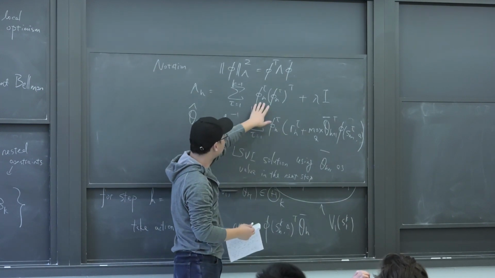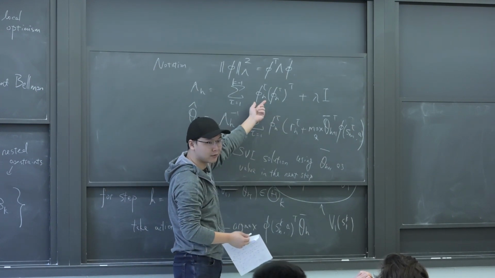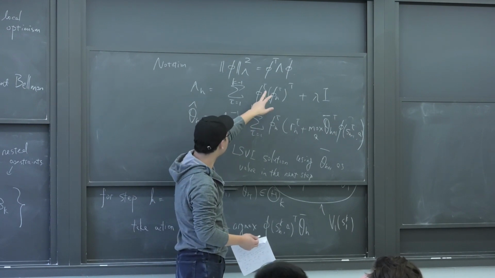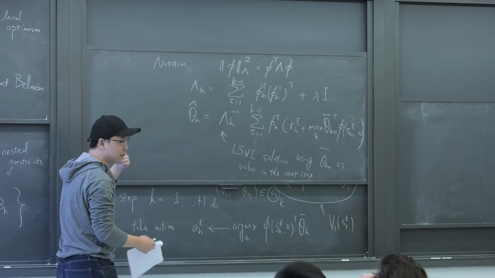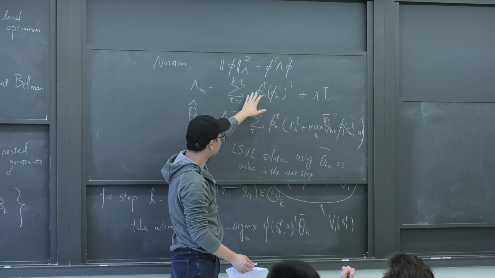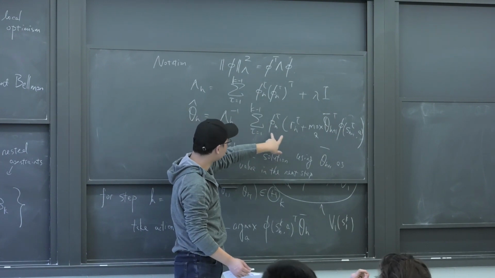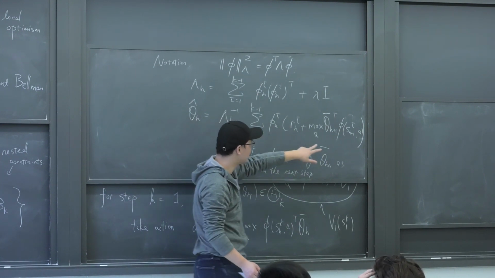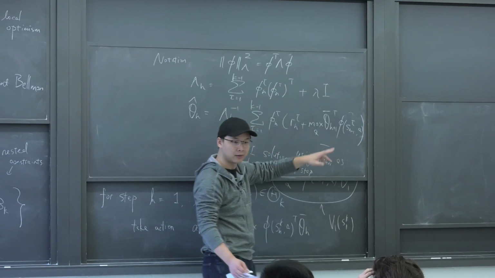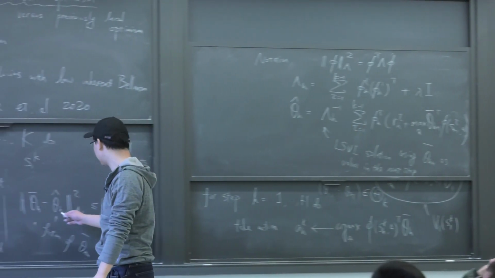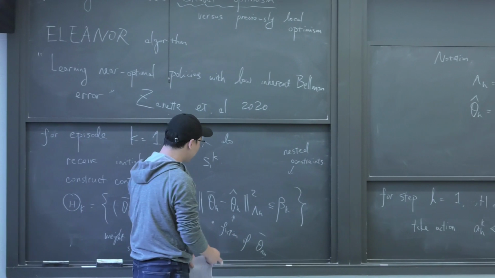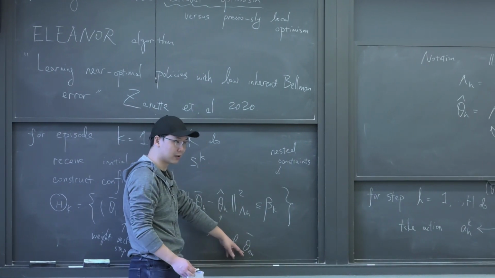This depends on all the feature vectors you have observed previously. This tau is again the same thing as in LSVI, essentially the previous feature vectors you have observed. And this is also the feature vector observed, the reward you observe, and the next state you observe. So the whole least square estimation depends on both theta and theta bar h plus 1.